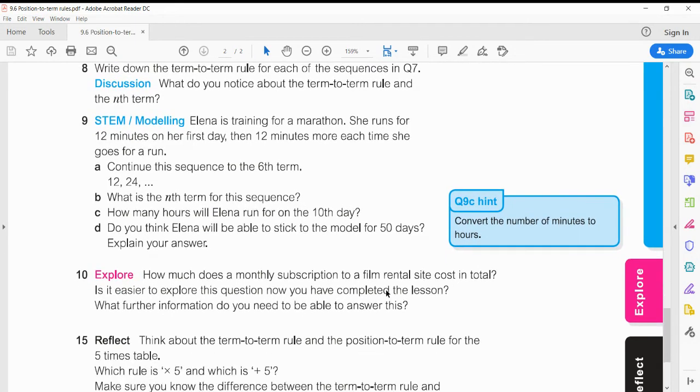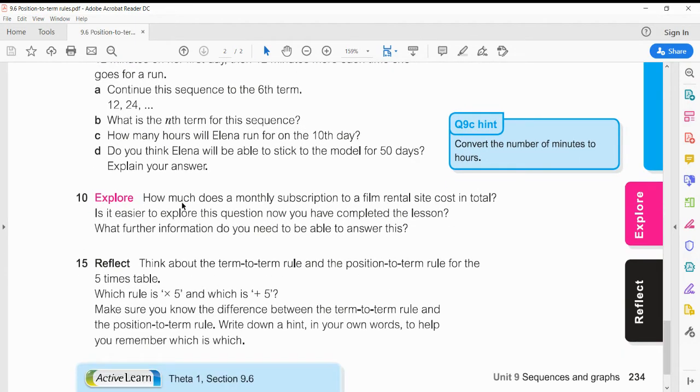Number 10. How much does a monthly subscription to a real film rental site cost in total? It's easier to explore the question. So this is the one which was asked before. We've got however much it costs per month.